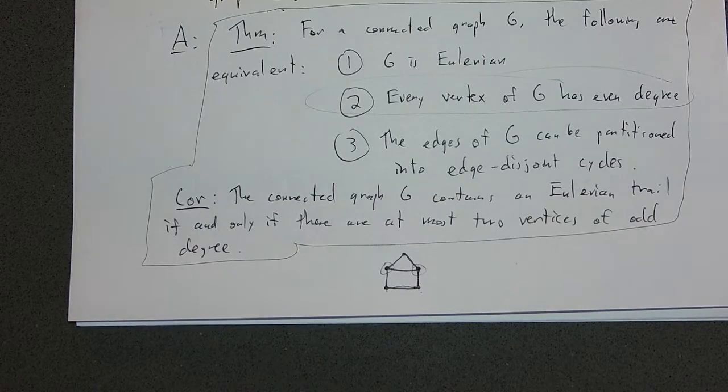More than 2 vertices of odd degree means that you can't even contain an Eulerian trail. So this is nearly a complete answer to what sort of graph structure is required for this to happen.